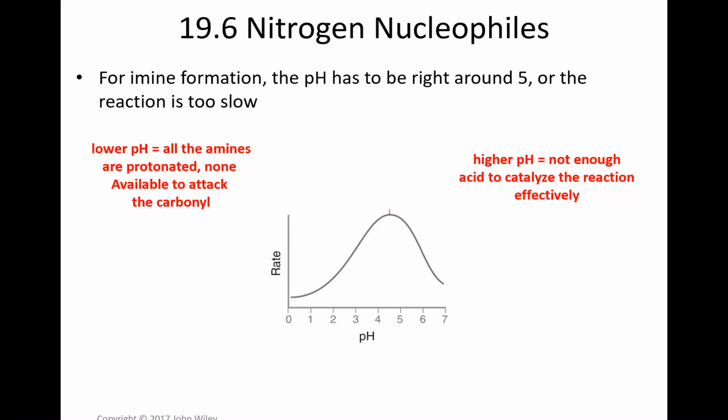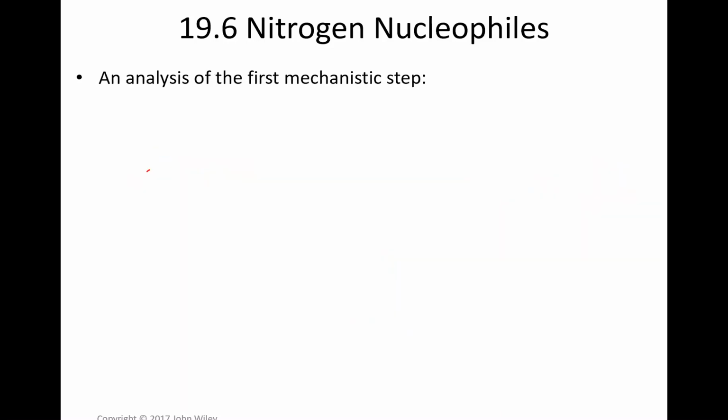We talked about the fact that it needs acidic conditions to work. So this is a pH profile for the reaction. Notice that the optimal reaction rate occurs around a pH of about 4 to 5.